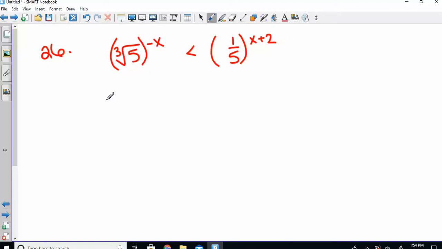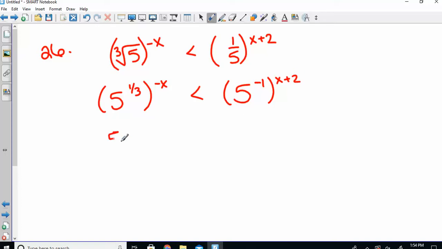Yes, so we have a couple options for how to work this problem. A cube root is like what kind of exponent? 1/3. If I wanted to write this 1/5 as the same base, that would be 5 to the what power? Negative 1.